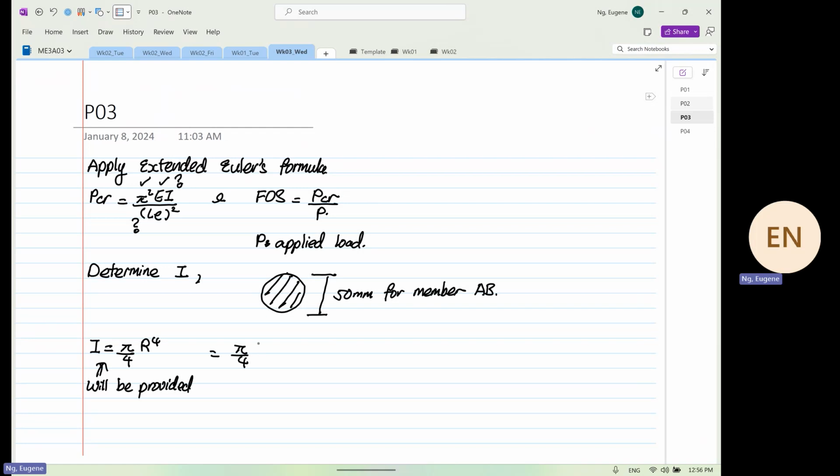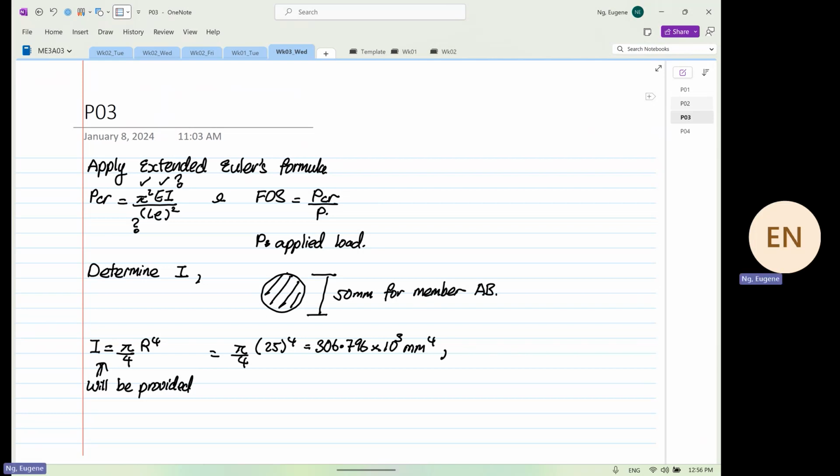So pi over 4 multiplied by, the diameter is 50 so the radius will be 25, to the power of 4, is equal to 306.796 times 10 to the power of 3 millimeter 4.